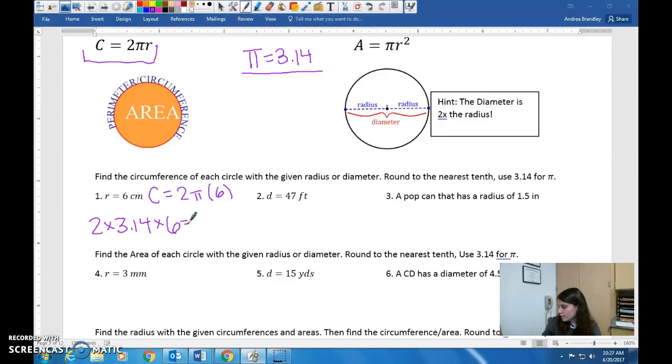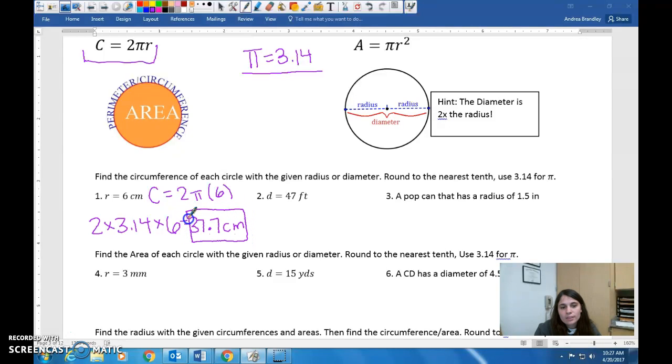A calculator is going to be our best friend today. So 2 times 3.14 times 6, and I get 37.68, which rounds to 37.7 centimeters. So my circumference is 37.7 centimeters.